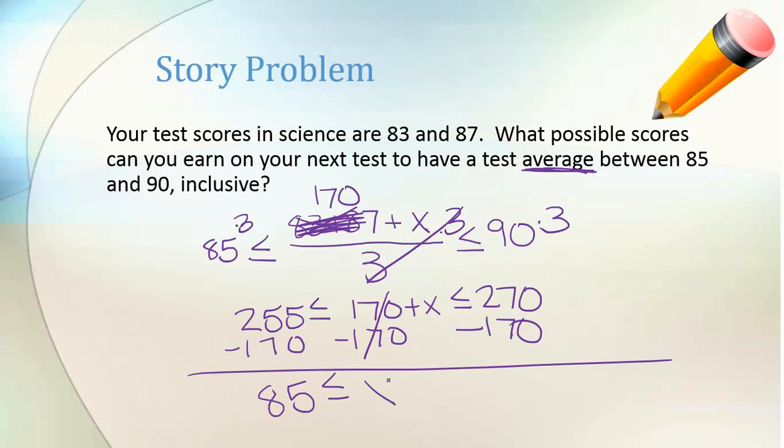Cancels out to 0, left with my X and 100. So, to get between an 85 and 90 average on your tests, you need to get on your next test between an 85 and a 100 on your next science test.